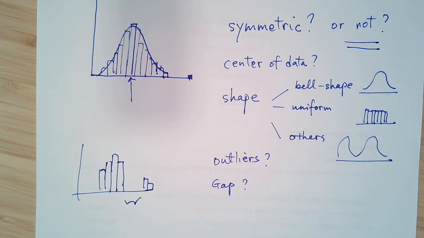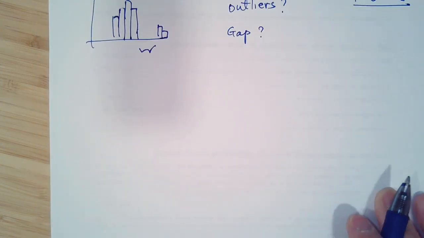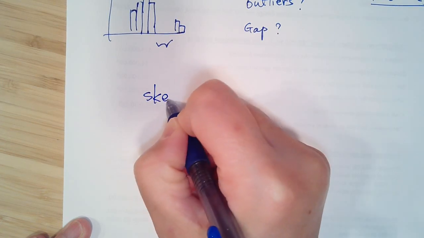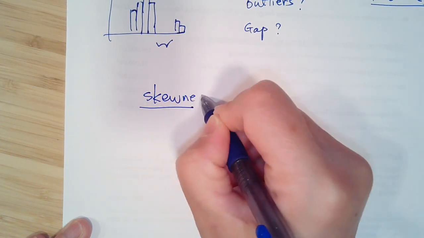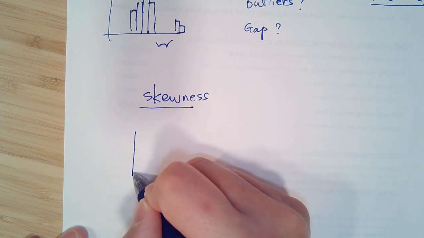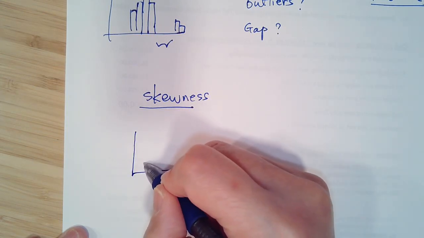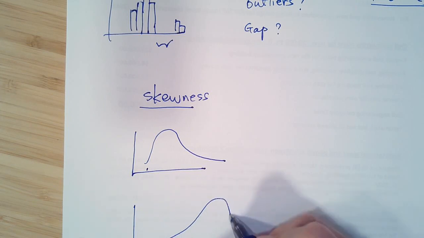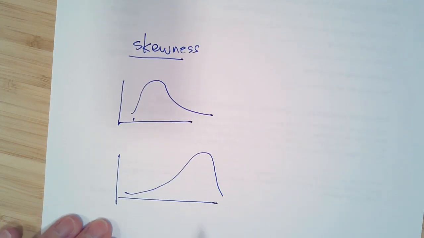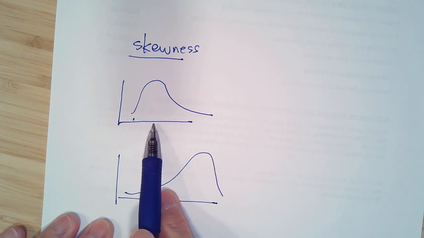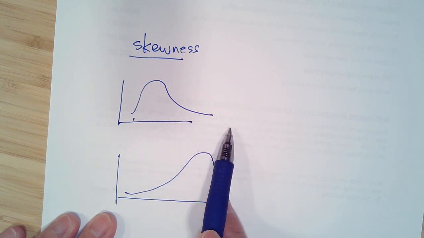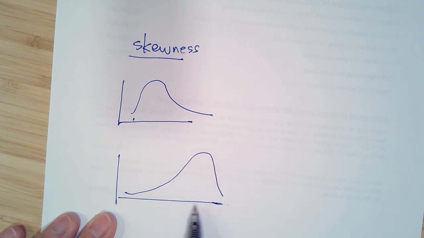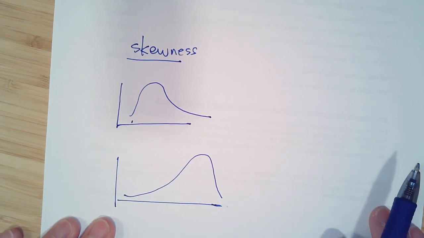All right. And the other thing is about this. If it's not symmetric, there are two words for it. They call that skewed, or skewness. So if the distribution looks like this, or this, they're different, can you see? In this one, the center is towards the lower side, and you have a long tail on the right. In this one, the center is pretty much on the higher side, and you have a long tail on the lower value part.